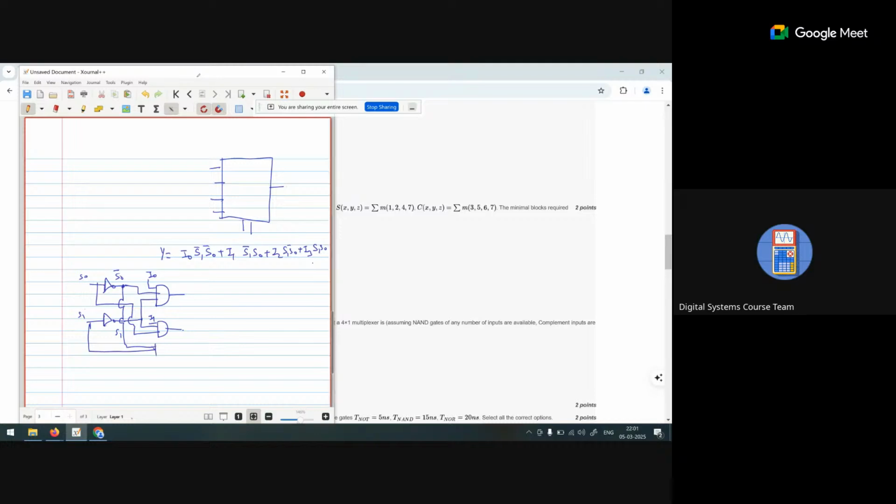This is the AND gate, and the fourth one is I3 S1 S0. S1 is already here, S0 I am taking from here. Okay, I2, I3. Now we are using the OR gate.